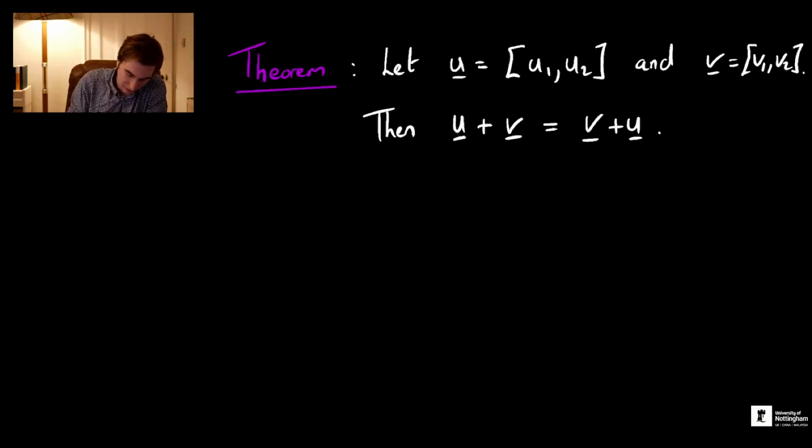Now the proof of this is fairly simple, and it just uses the fact that the addition on the real numbers is commutative. So we know that if we add two real numbers up, the order in which we add them doesn't matter.